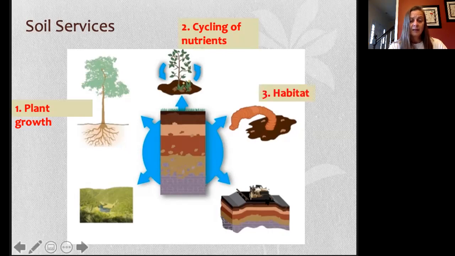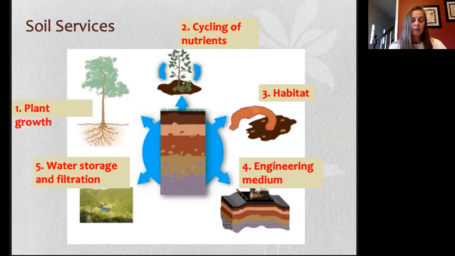It provides a habitat for lots of different insects and burrowing animals. It is our engineering medium, the thing we build upon. And it also helps with water filtration and then eventually in aquifers in water storage. So lots of services provided.